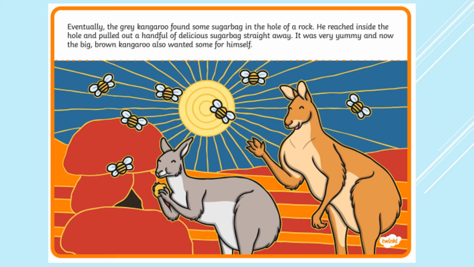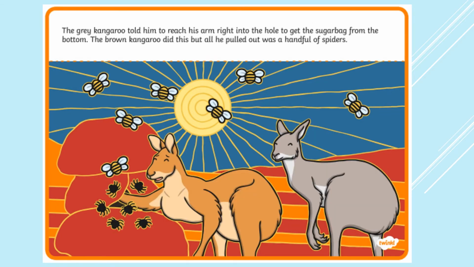It was very yummy, and now the big brown kangaroo also wanted some for himself. The grey kangaroo told him to reach his arm right into the hole to get the sugarbag from the bottom. The brown kangaroo did this, but all he pulled out was a handful of spiders.